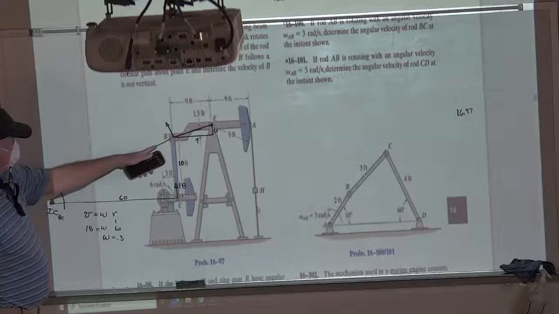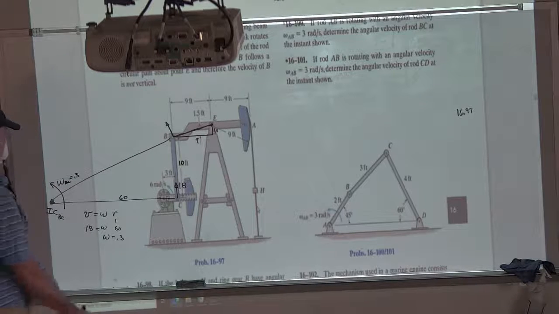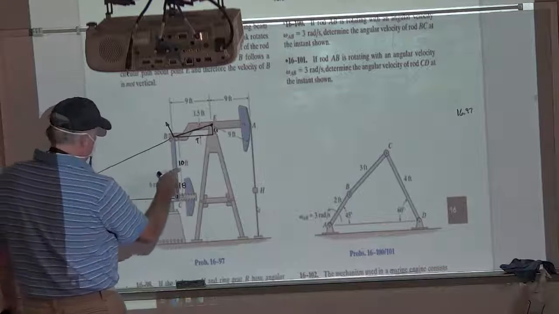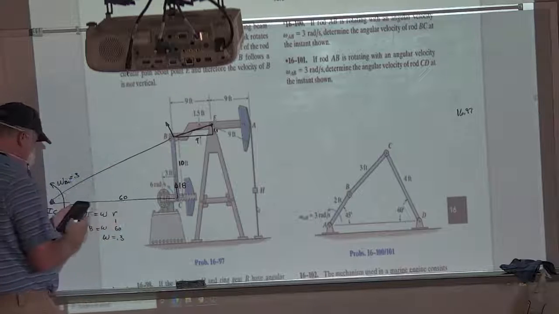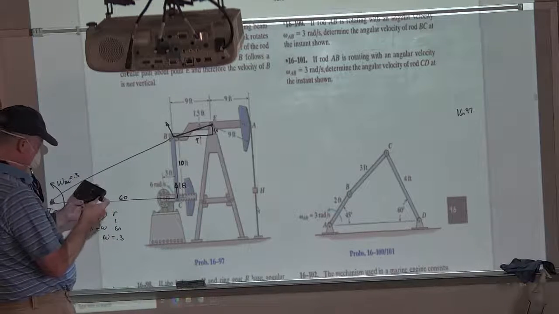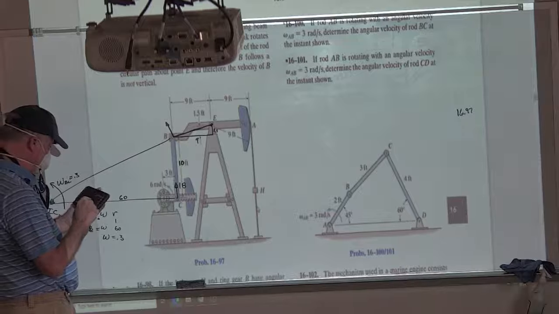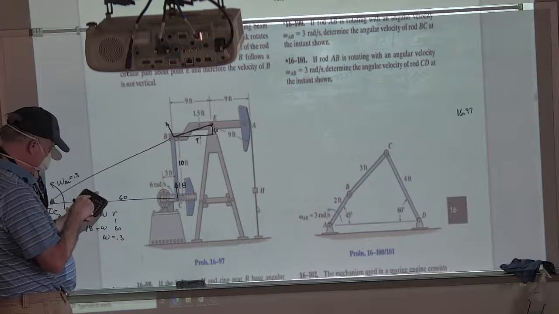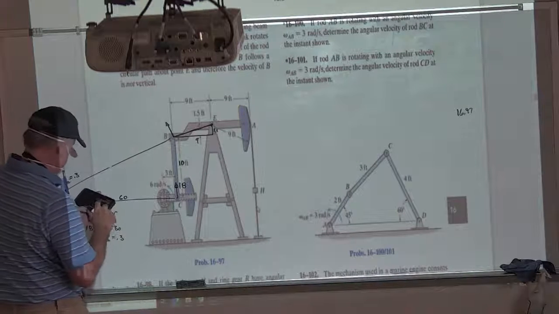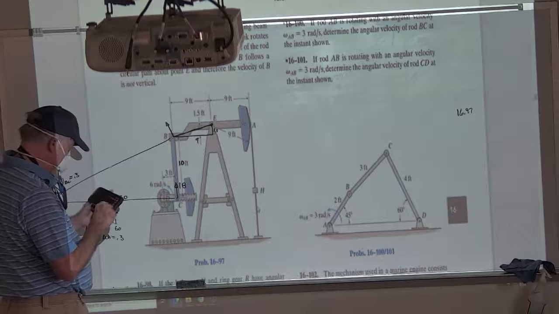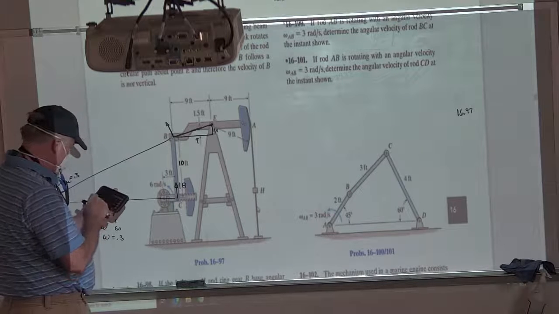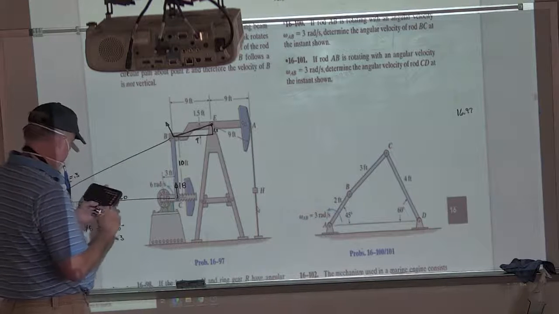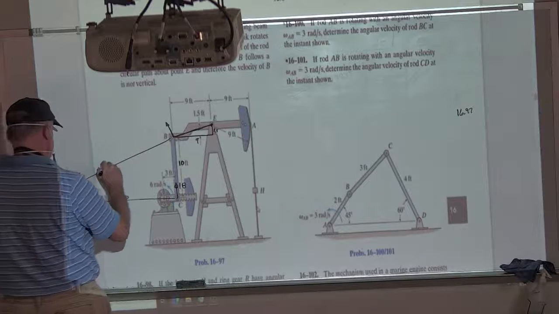What's this distance? Well, 60 squared and 10 squared and then the square root of it. Okay, hang on. Square root of it. Oh gosh, that can't be right.